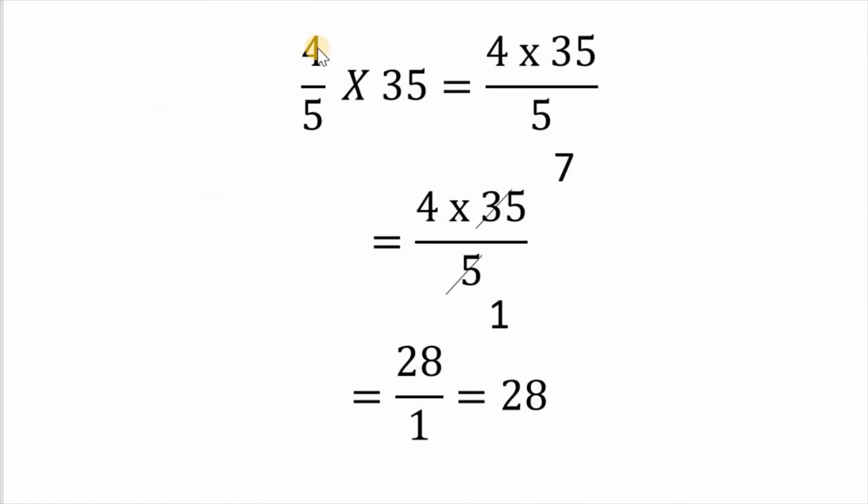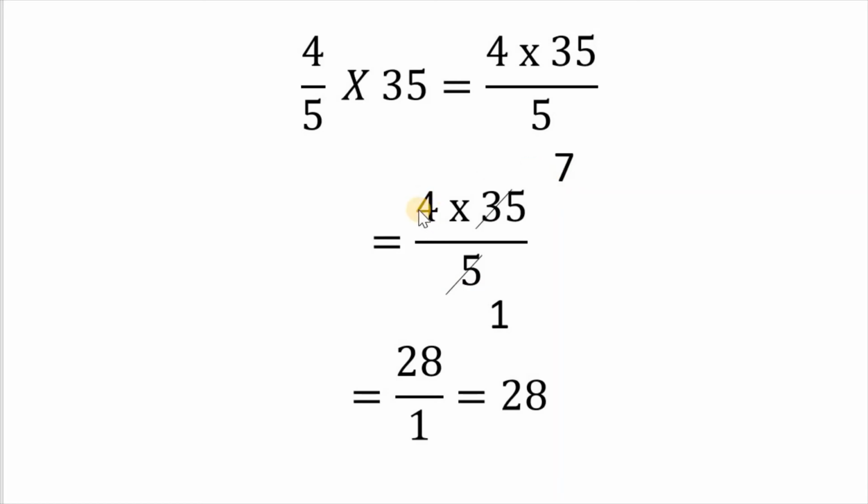So here we have the problem 4/5 into 35. The first step would be to multiply the numerator with the whole number and then copy the denominator as it is. So 4 into 35, both of them divided by 5. Before you multiply, if the denominator and the whole number have any factors in common, then you can simplify it then and there itself, and then you will have a smaller number to multiply.